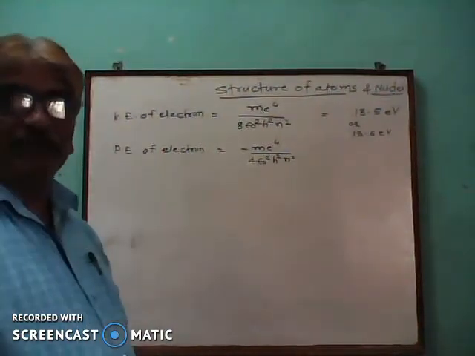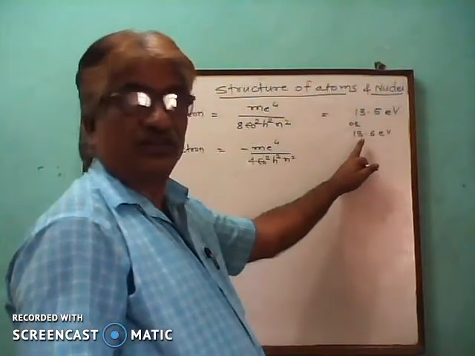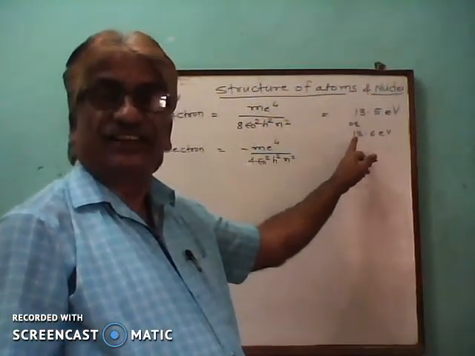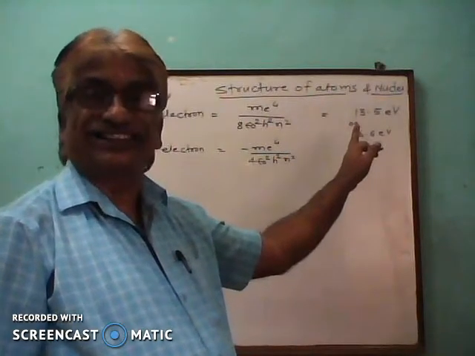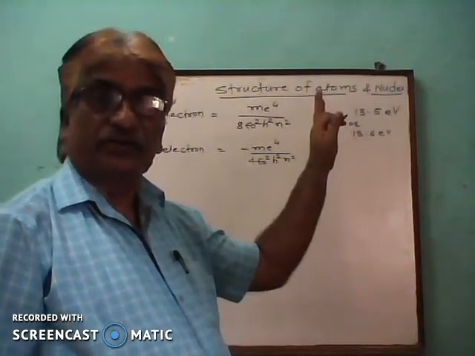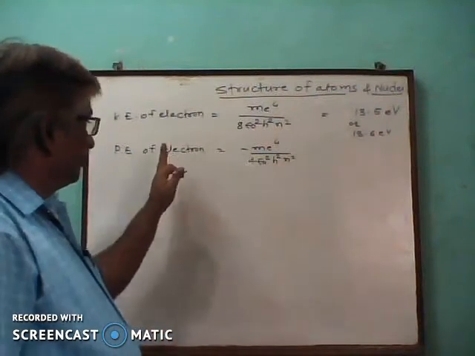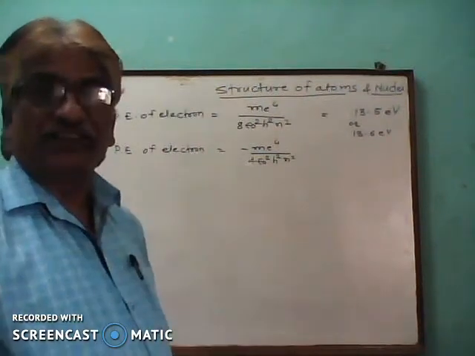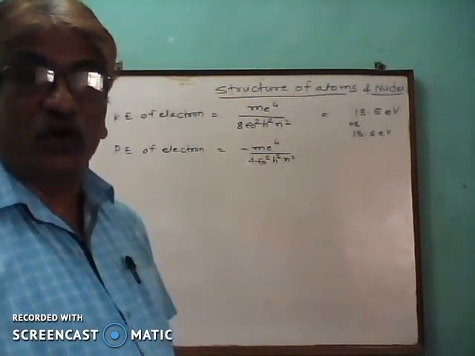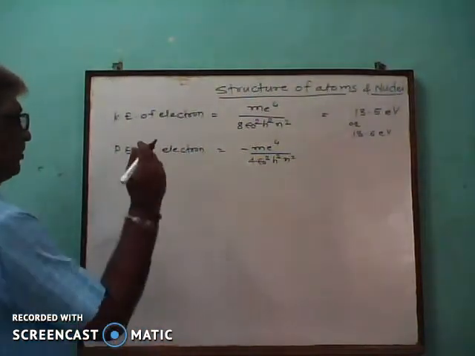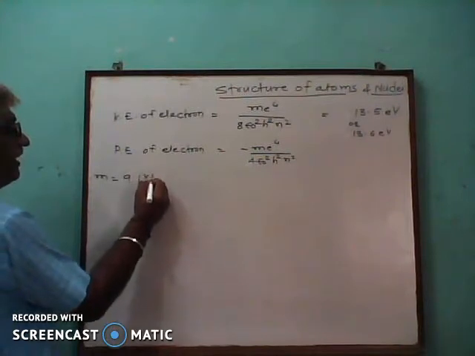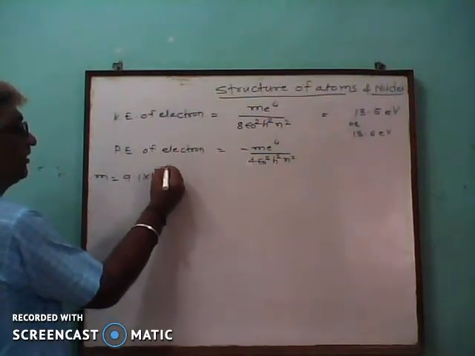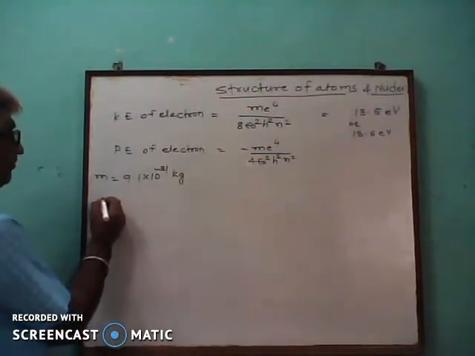Today we want to see the value of kinetic energy, will it be 13.6 or 13.5. We have to calculate the potential energy for ground state. We know that small m, its value will be 9.1 into 10 to the power minus 31 kg.